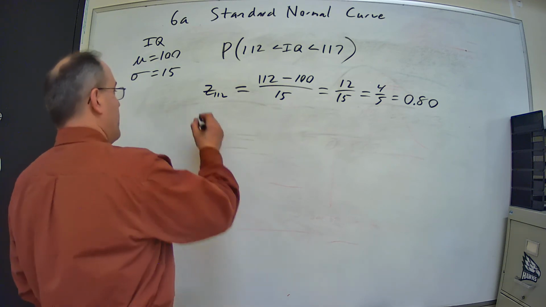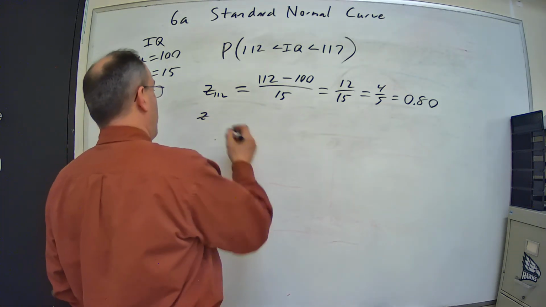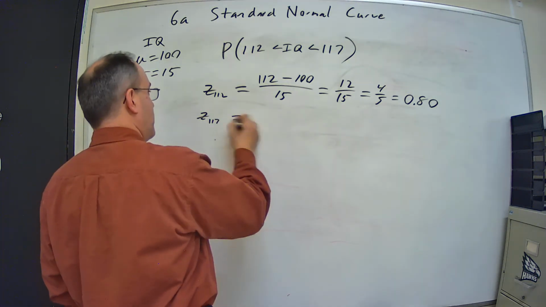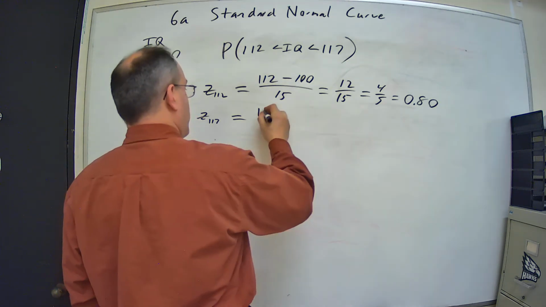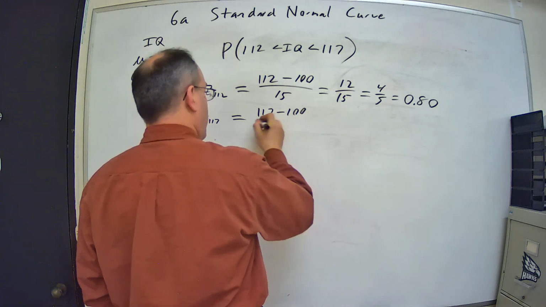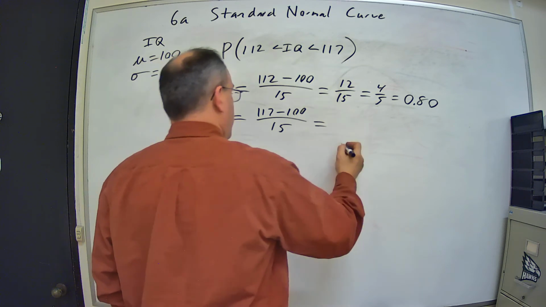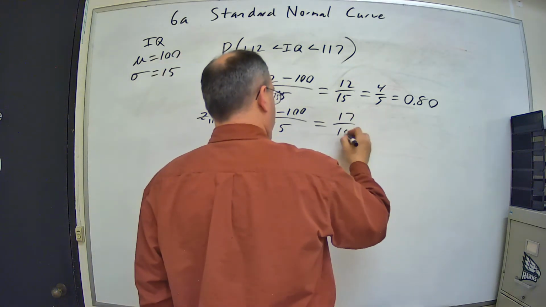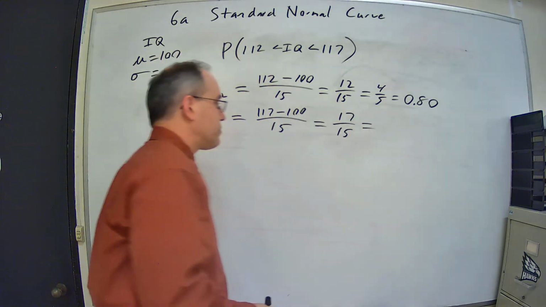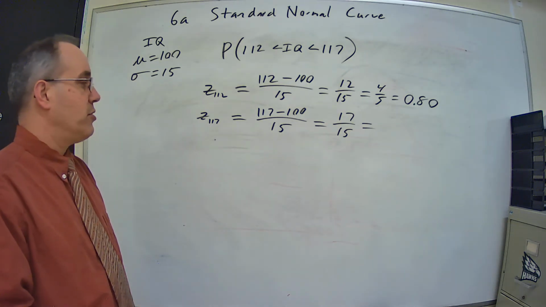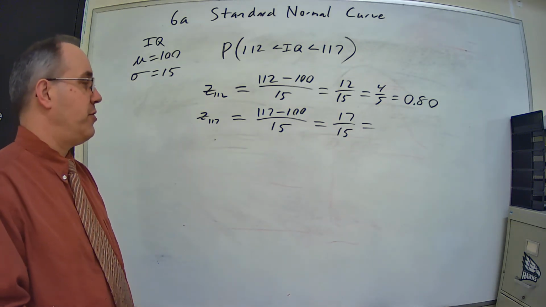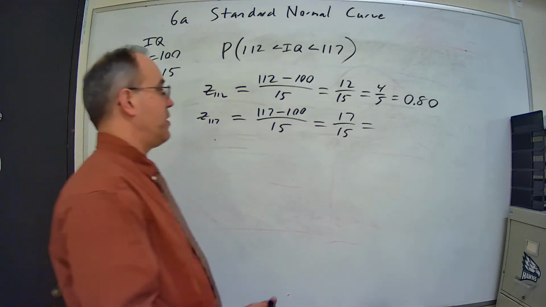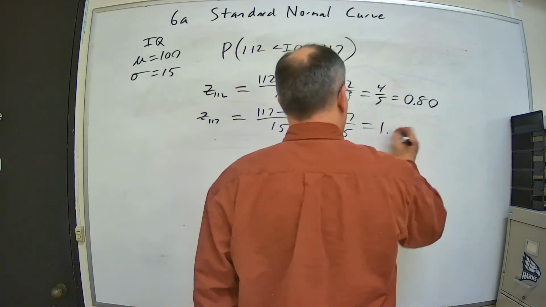And now I'm going to find z of 117, which is equal to 117 minus 100 over 15, which is equal to 17 over 15. So that's 1 and 2/15, right? So it's going to give me 1 point.